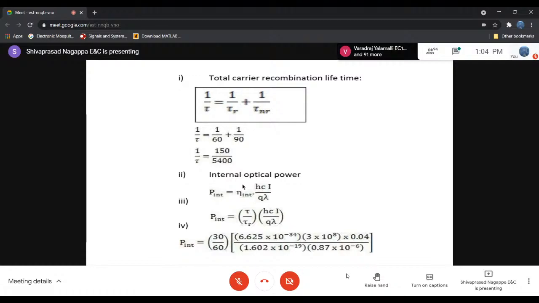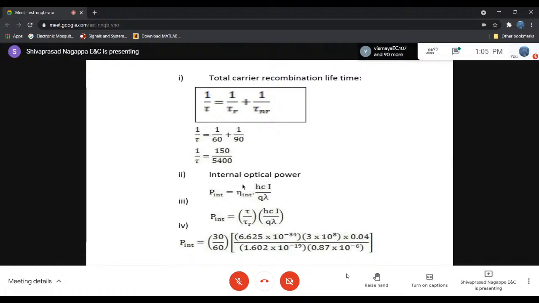Sir, tau is equal to 36. What is the unit? Yes, 36 nanoseconds.